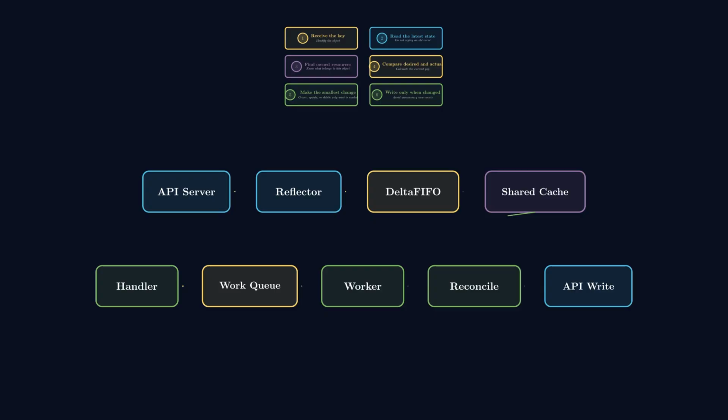Once the cache is updated, the event handler adds the object's key to the work queue. A worker then picks up that key, reads the latest state from the cache, and checks what action is still needed. Because it always starts from the latest state, the same reconciliation can run again safely.